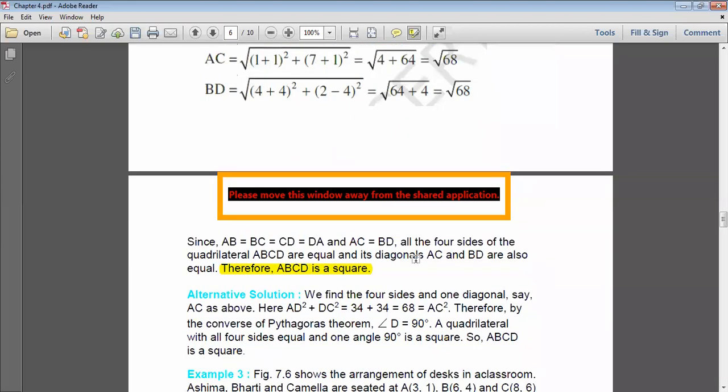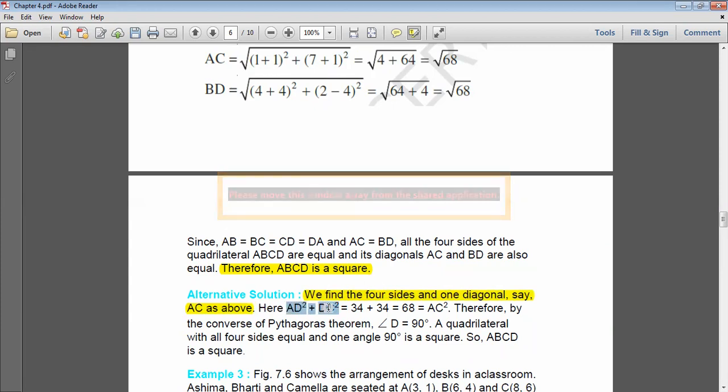And there is an alternative solution also. See, we find the 4 sides and 1 diagonal, say AC, as above here. Then what you have to do? AD squared plus DC squared. Okay, I will show you. I think that will be better.